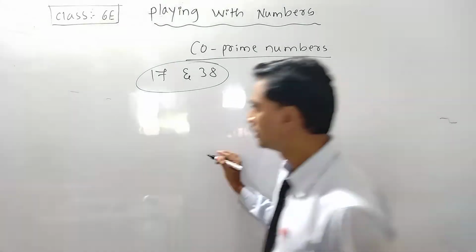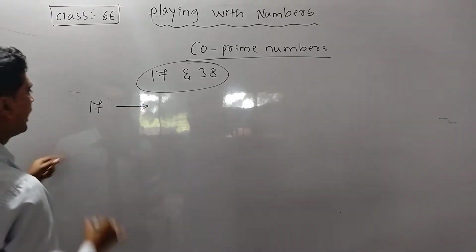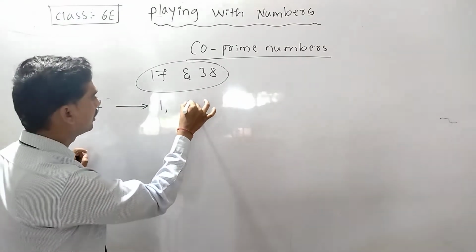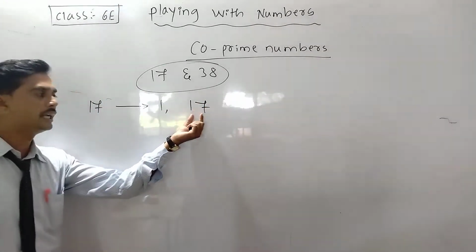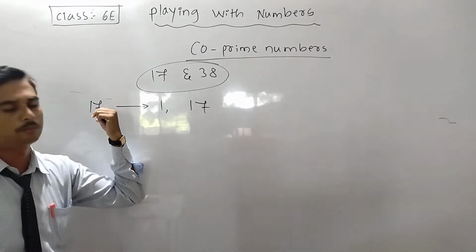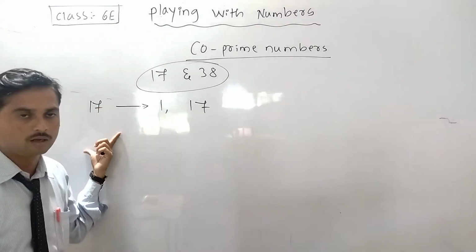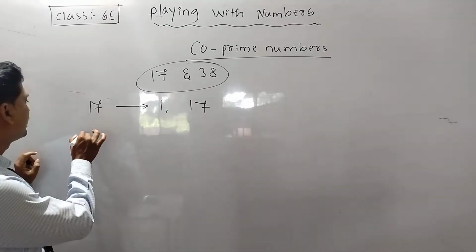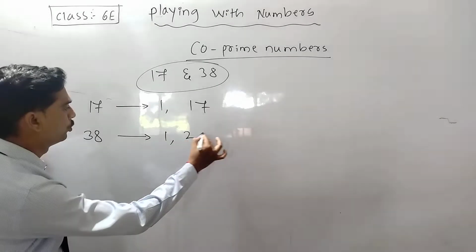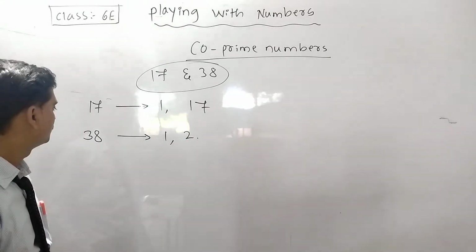You have to think about it. 17 has how many factors? 17 has the factors 1 and 17 because this is a prime number. And 38 has how many? 1, 2, and next.